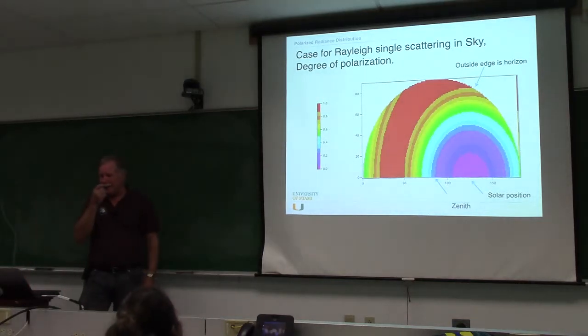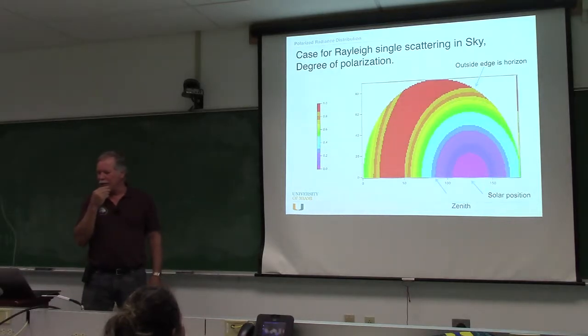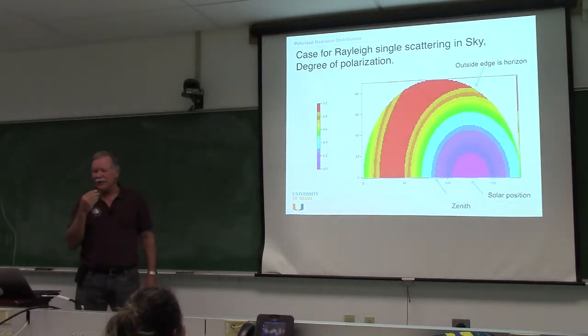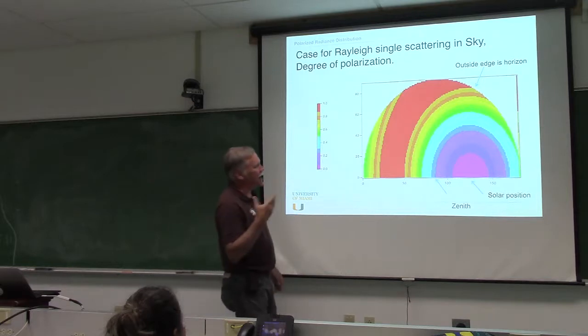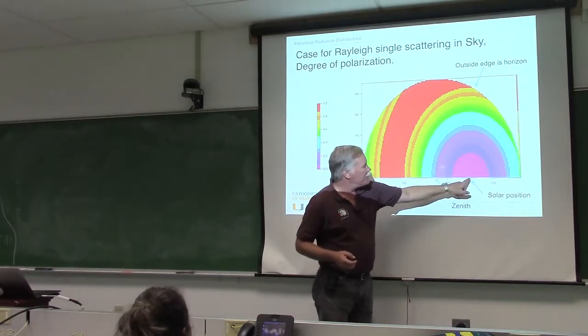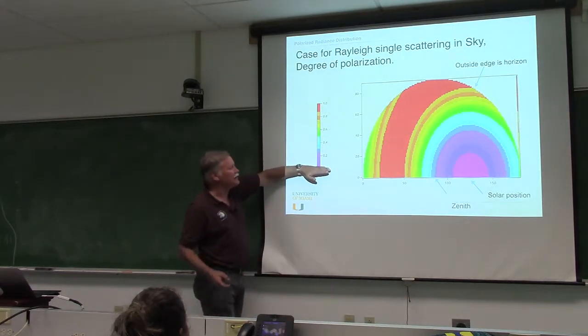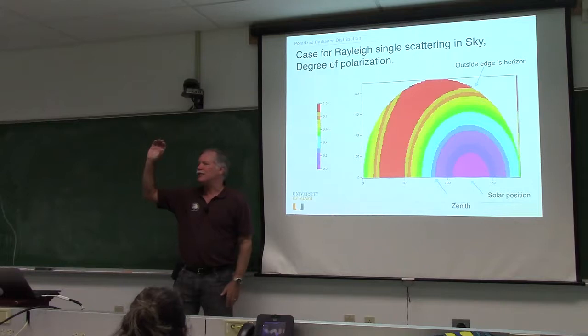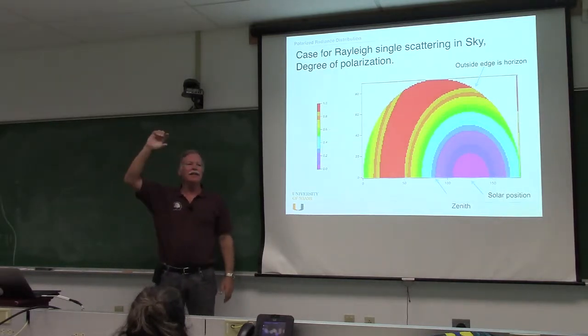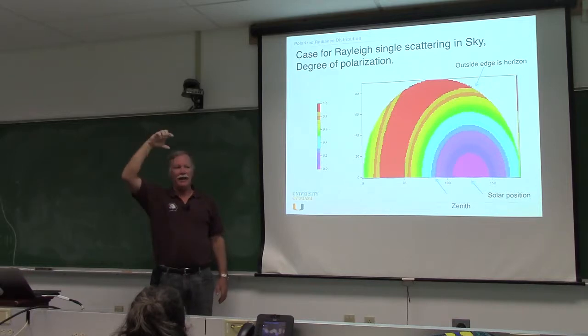Here is the Stokes vector for the degree of polarization for the skylight, a perfect skylight with Rayleigh scattering. What you see if you put the sun here, this purple corresponds to 0 degree of polarization. Remember when we looked around with our polarizer at the sky, we saw the maximum polarization at a 90 degree scattering angle.